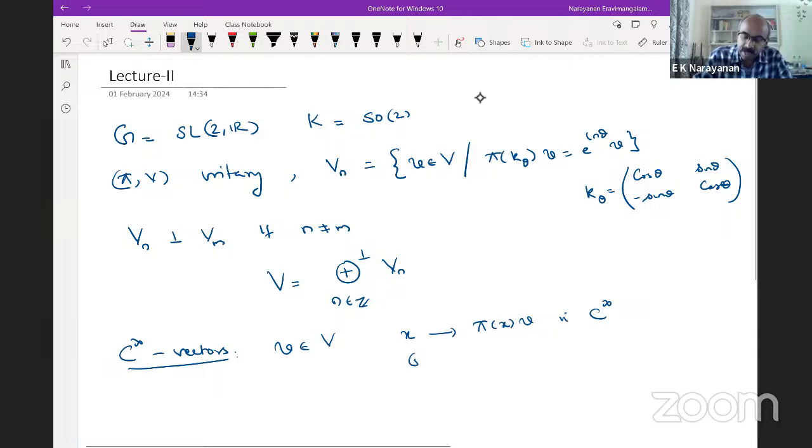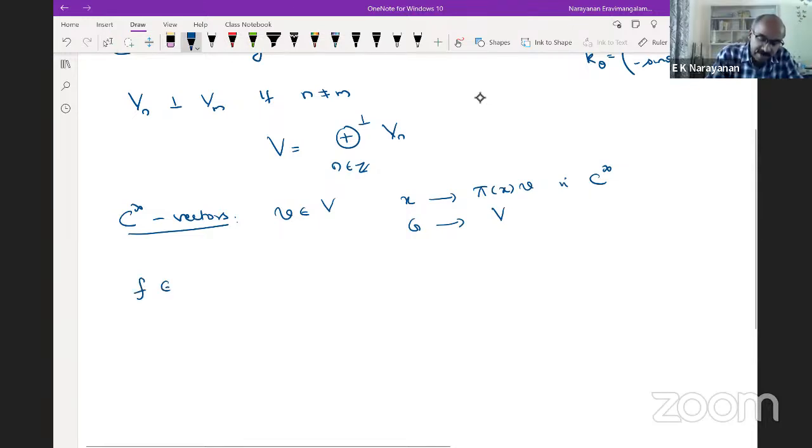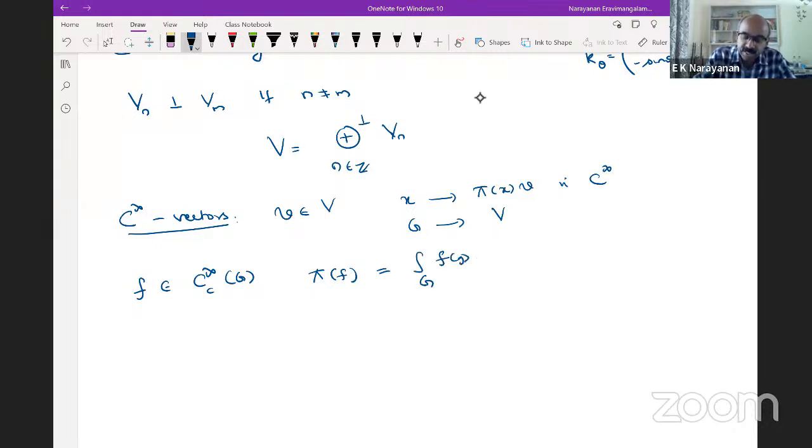This is a map from the group G to the Hilbert space V. We saw how to construct C infinity vectors: take f in C_c infinity of G, a smooth function with compact support on G, and define pi of f, the Fourier transform of f if you like, as the integral over G of f(g) pi(g) dg. Since it's unitary, you can take the norm inside and see that it converges nicely, so it's a bounded operator on V.